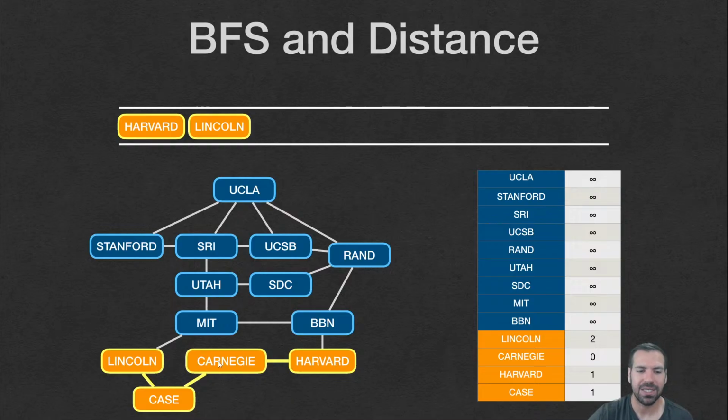In this case, it is the shortest path from Carnegie to Lincoln. And breadth first search will always find a shortest path from the starting node to every single node. That's what breadth first search does for us. Because we're visiting the nodes using a queue, we're going to get them in exactly distance order. And that's always going to give us the distance. When we explore a node, it is via a shortest path.